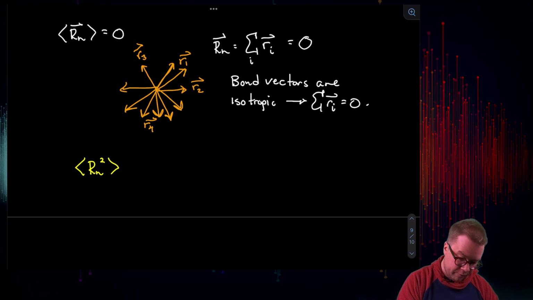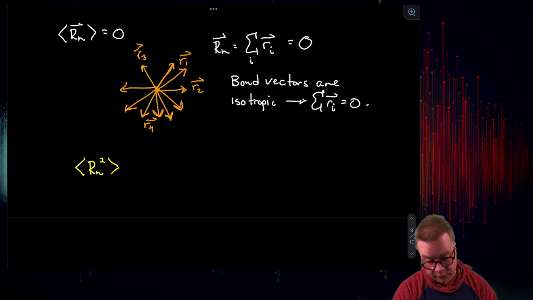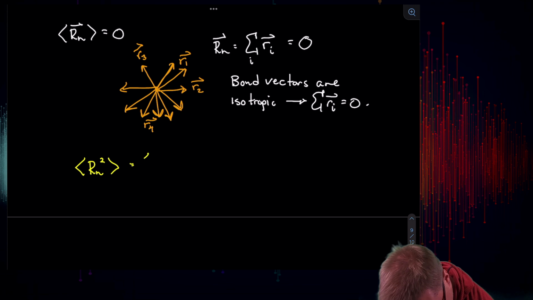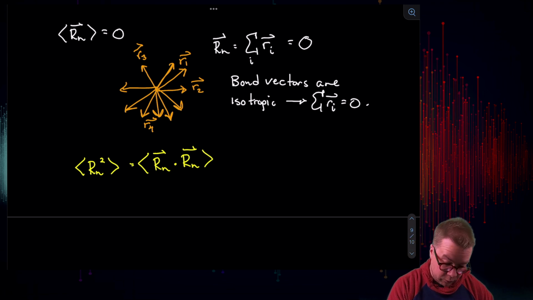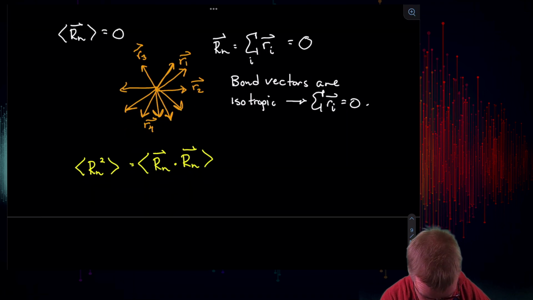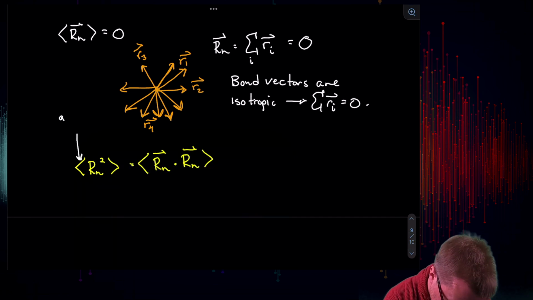What is the average value of Rn squared? Remember, we're talking about vectors, so that is the same thing as Rn dotted with Rn. All right? So in other words, these brackets are telling us that we're looking at the average, the ensemble average, or the mean.